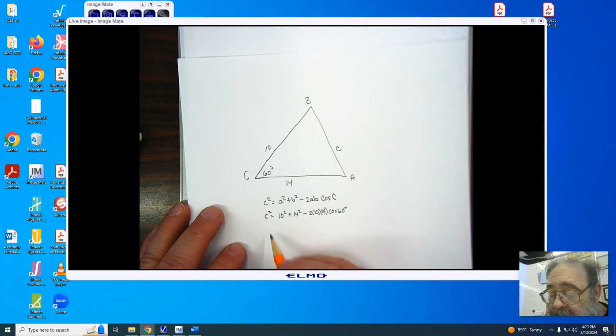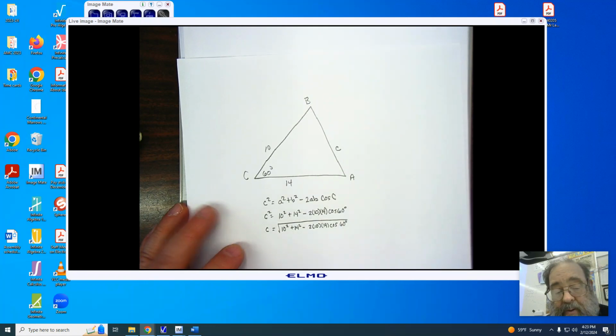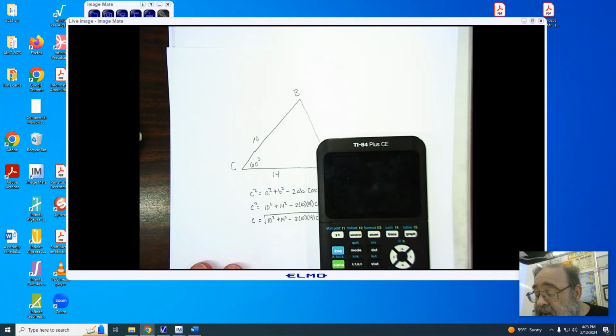In order for us to put it in our calculator exactly, we're going to have to take the square root first. What we want to put in is the square root of 10 squared plus 14 squared minus 2 times 10 times 14 times the cosine of angle 60 degrees. We're going to put this directly into our calculator exactly as we see it.